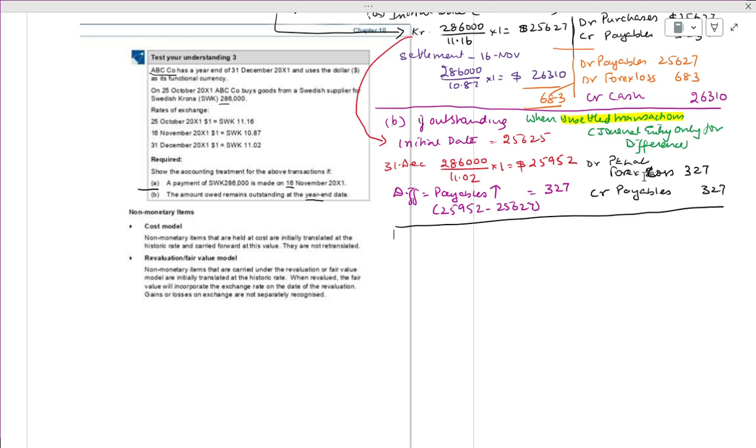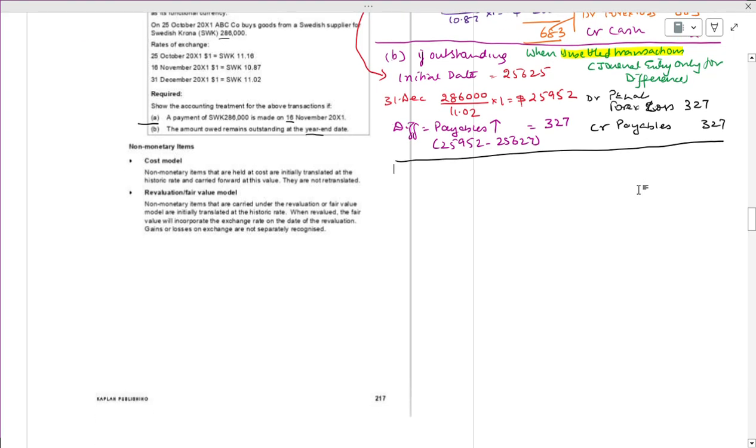Now, what they say about revaluation. Non-monetary items are held at cost, initially transacted at the historical rate and carried forward at this value only. They are not retranslated. Non-monetary items should not be retranslated.